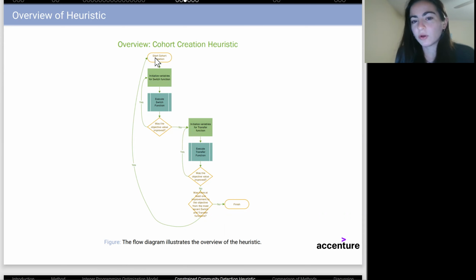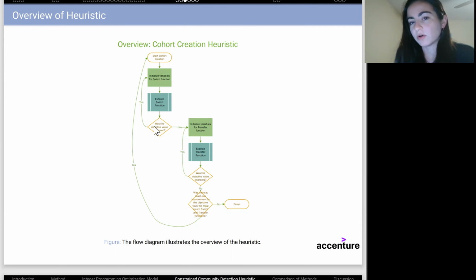And if the objective was not improved and there also wasn't at least one improvement from the switch function, then we are done at that point. You would have to exhaust this function and then exhaust this function to be done with the heuristic.